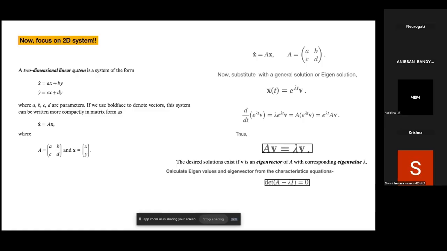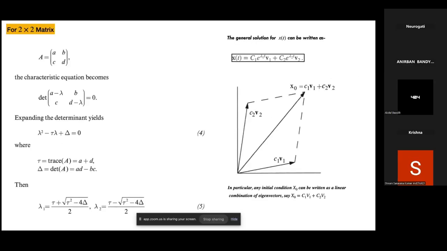If you follow these ideas, then you can write the characteristic equation as determinant of A minus lambda I. As you know, we can find these eigenvalues from this type of characteristic equation. Let's say there is a 2D system, a 2 by 2 matrix A, B, C, D. We can calculate the lambdas, or eigenvalues, and we get a characteristic equation that looks like lambda squared minus tau lambda plus delta is equal to 0.